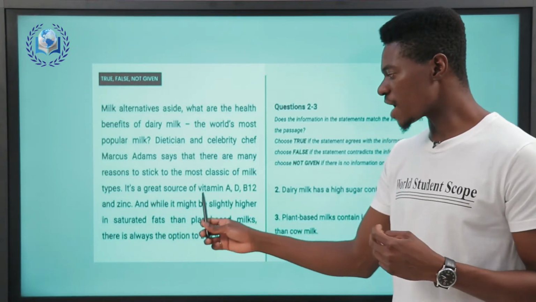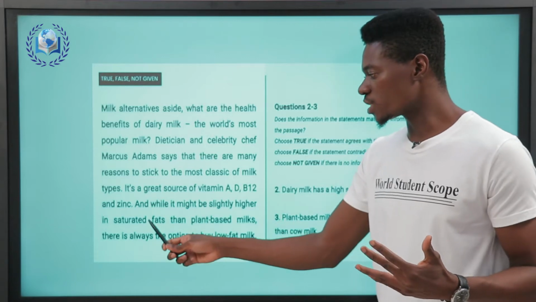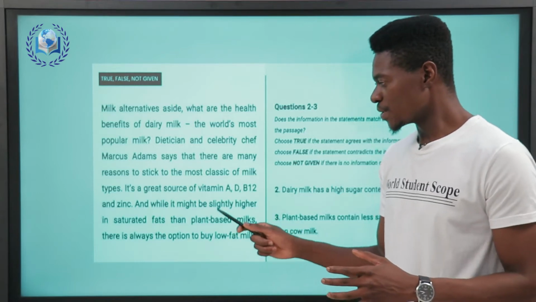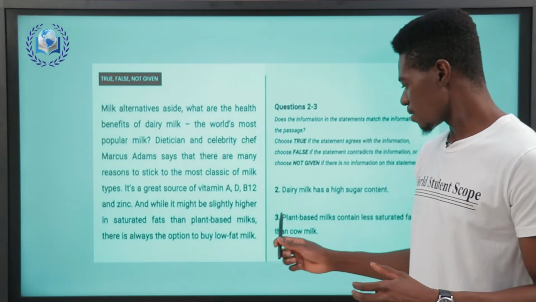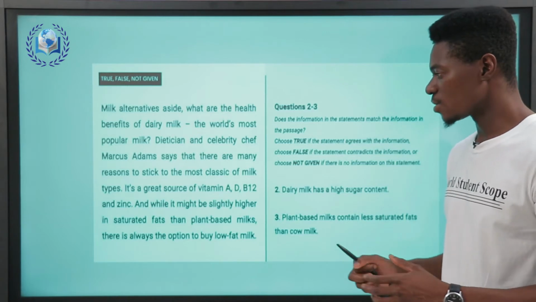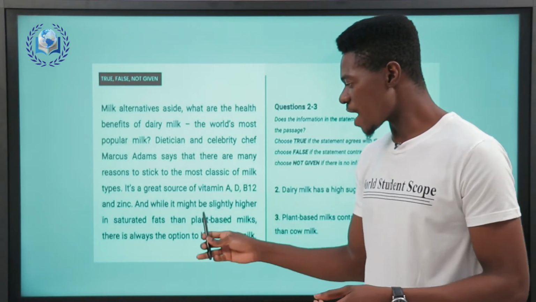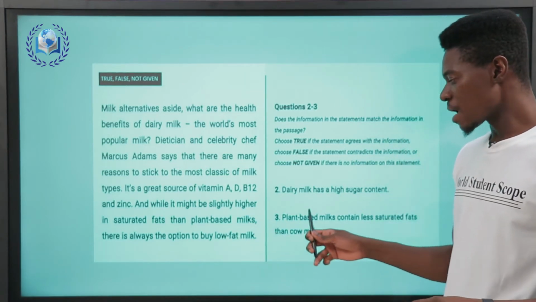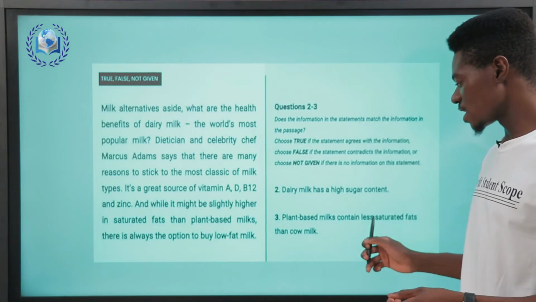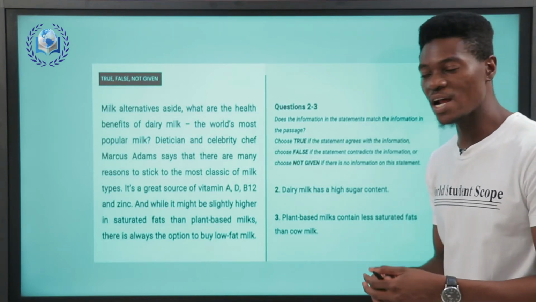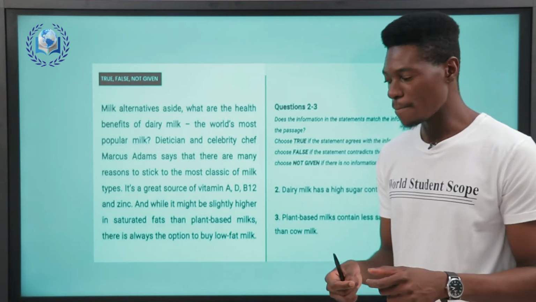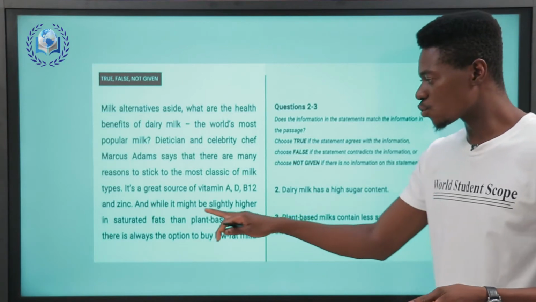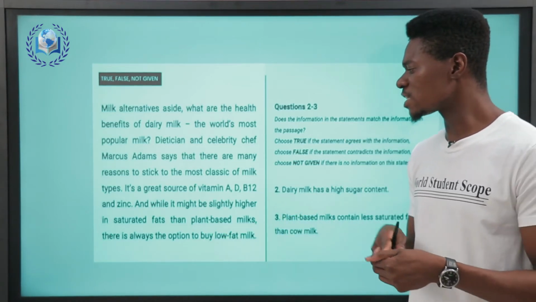And while it might be slightly higher in saturated fats than plant-based milk. So it means saturated fats is slightly higher compared to plant-based milk. While here the question is plant-based milk contains less saturated fats than cow. Your answer will be true because it contains less saturated fats, but here in the question we're being told it is slightly higher.